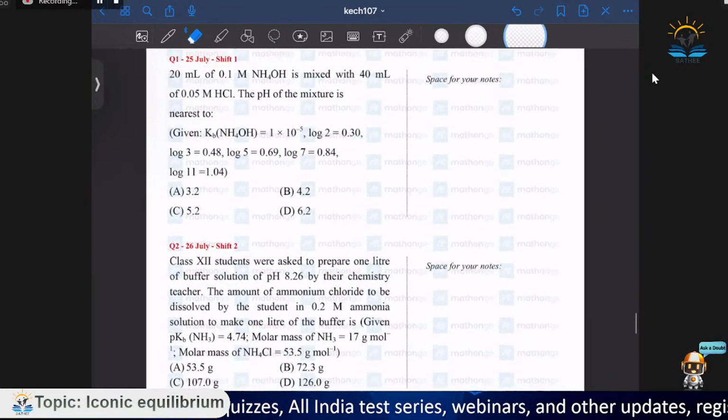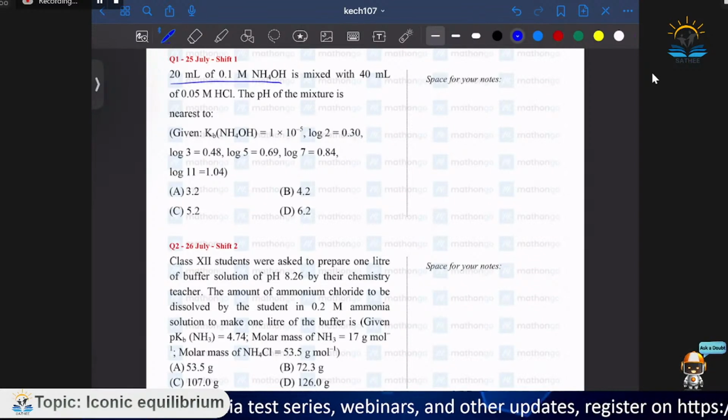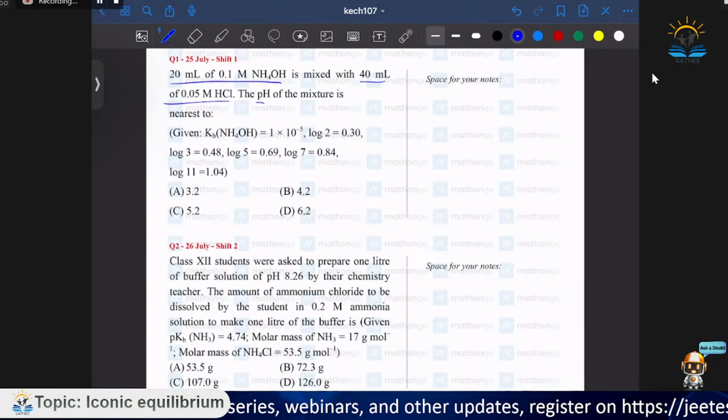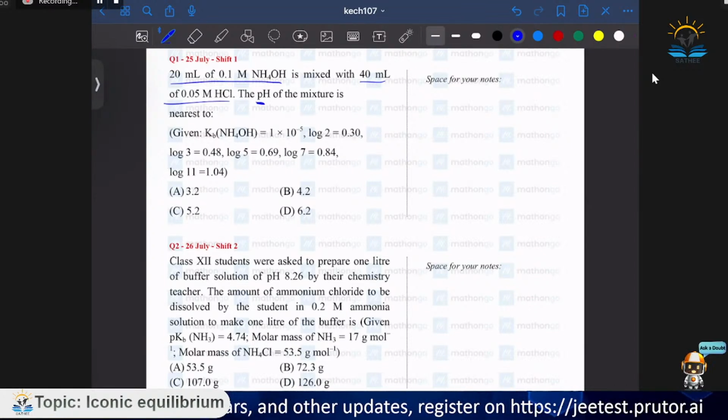The first question asks us 20 ml of NH4OH is mixed with 40 ml of HCl. They have to find the pH of the mixture. Let's find out the number of equivalents.